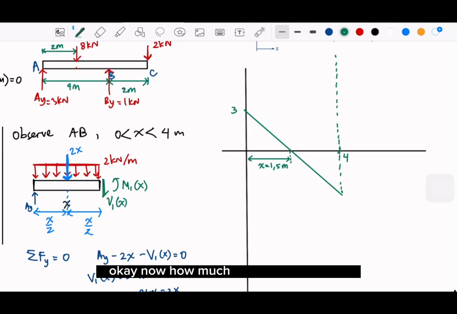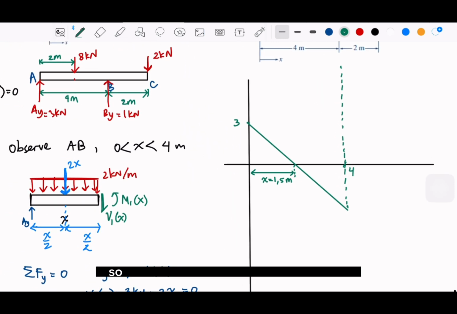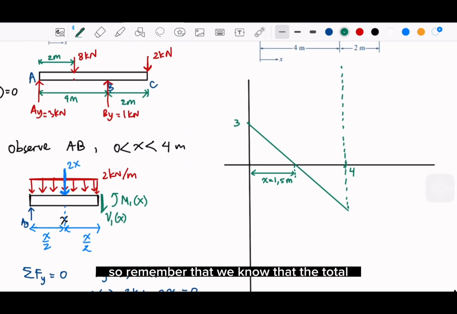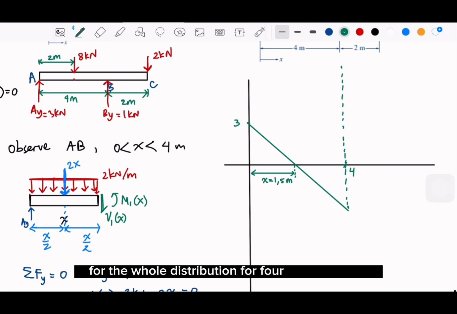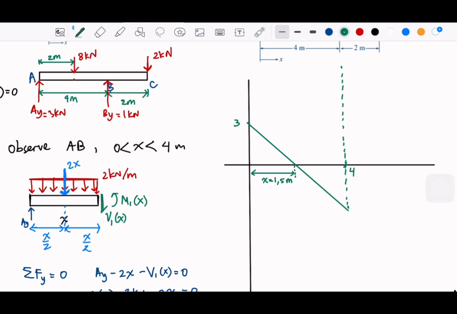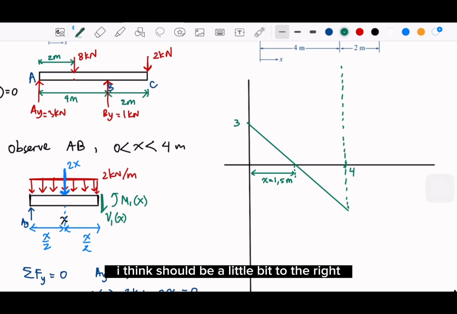Now, how much does this line go down? Remember that the total for the whole distribution over 4 meters is 8, right? So this is 1.5 and then 4. I think it should be a little bit to the right, but it's okay. After 4, the beam has felt 8 kilonewtons of force, so it goes down 8 kilonewtons. From this 3, going down 8, it will be at -5. I will shift this 1.5 a little just to make a good proportion.